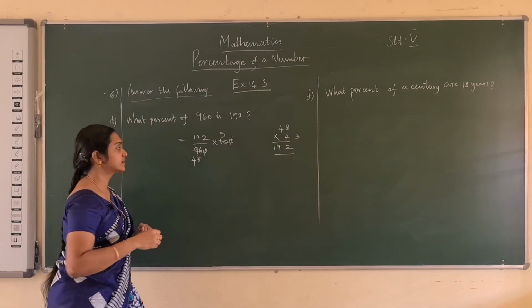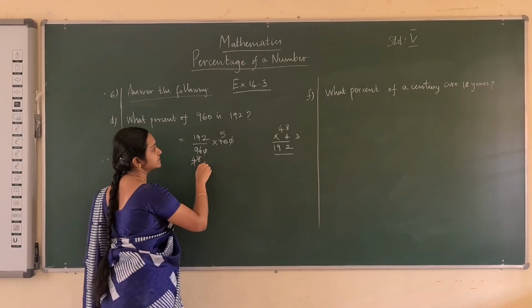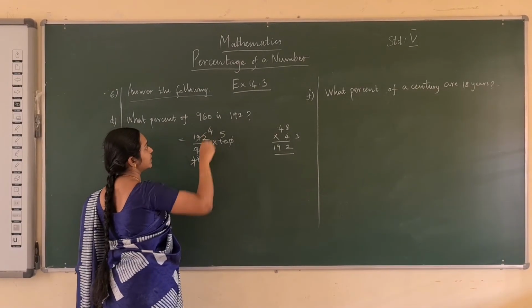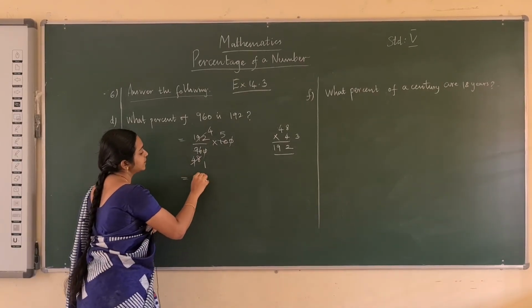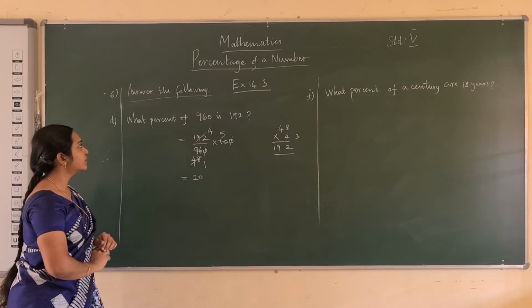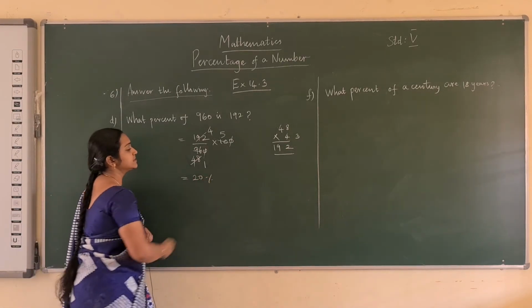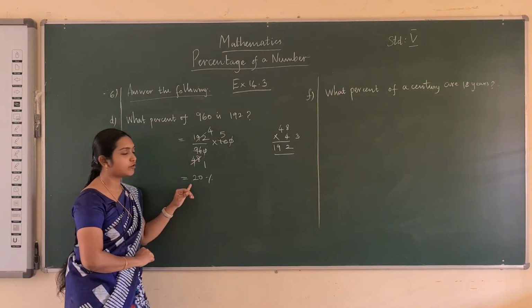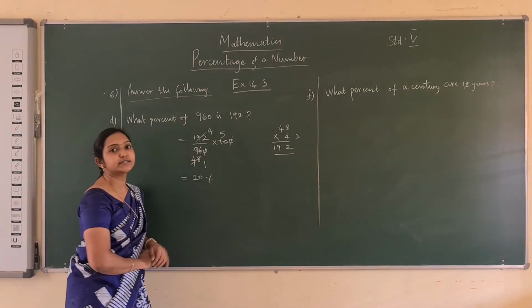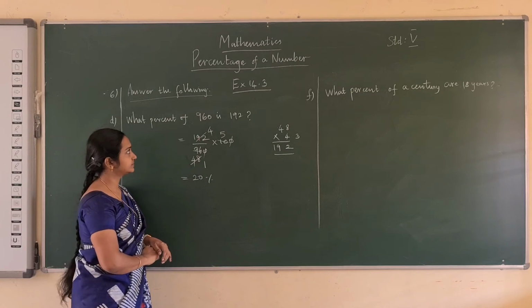So 4 48s are 192. Now multiply 4 and 5. 5 4s are 20. So it is 20%.